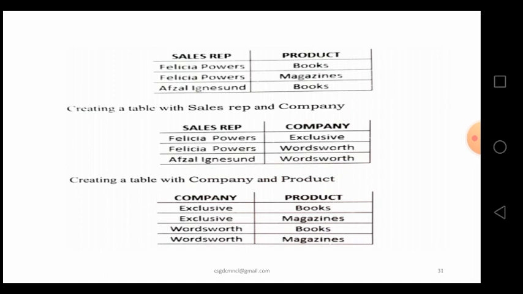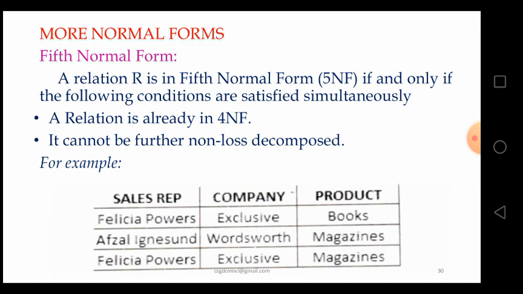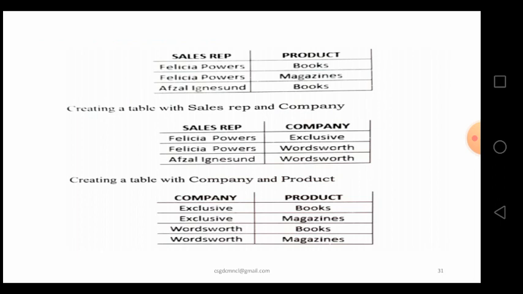Company and product are the two attributes used in that table. So here we take the three attributes and divide them into three different tables; that is fifth normal form.